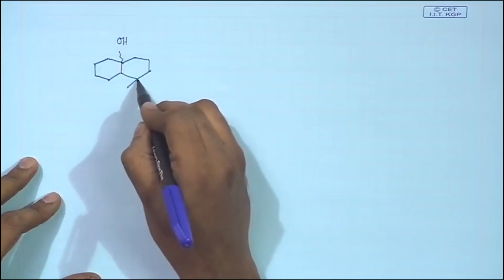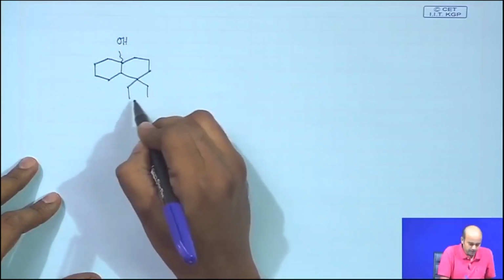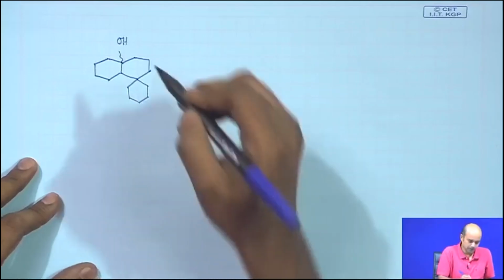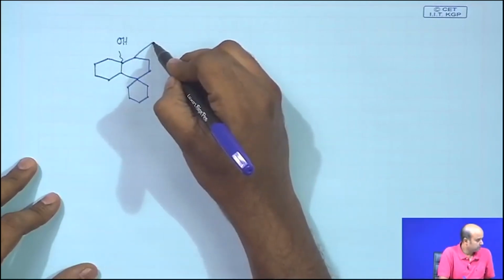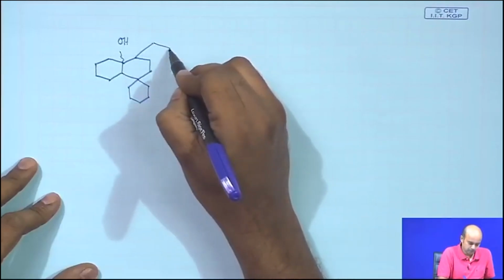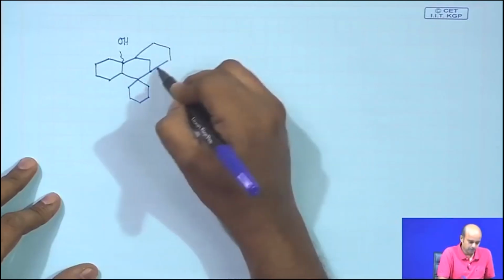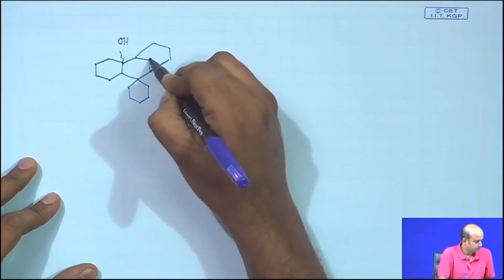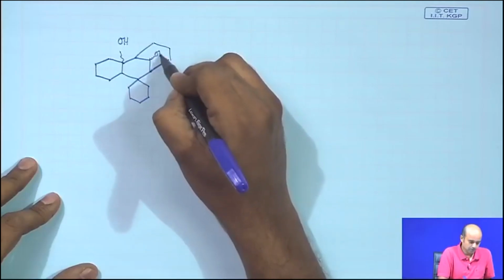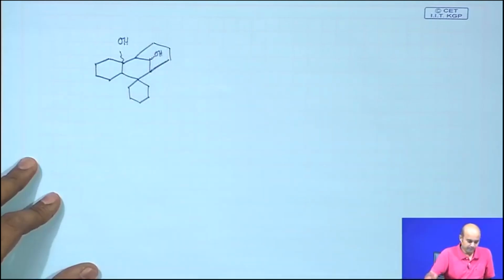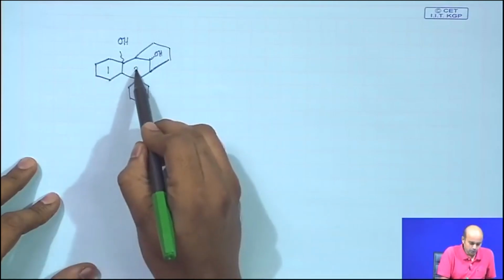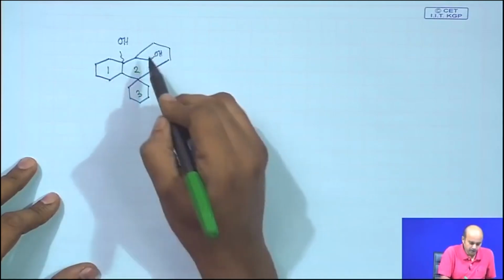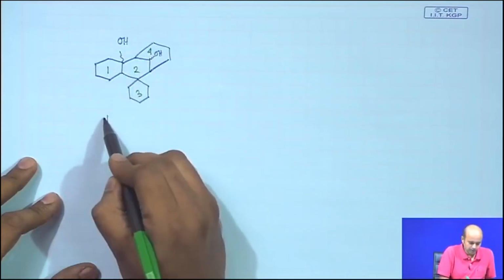Now, this molecule, I am just drawing the molecule first. The molecule was, if you see the molecule, this molecule is basically 1 ring, 2 ring, 3 ring, 4 ring. This is the target.